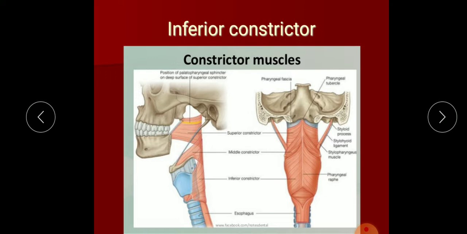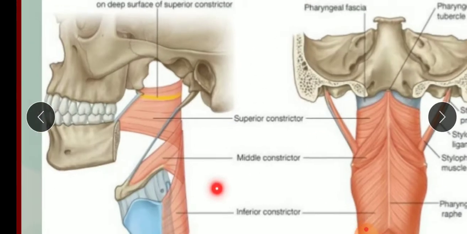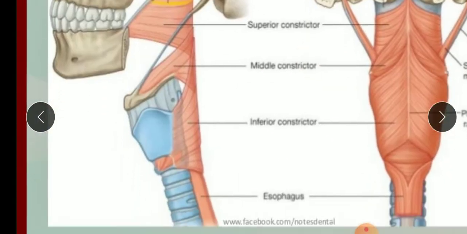Finally, what happens? These two muscles will go sideways and then get inserted into the median fibrous raphe. So look at that figure. In that figure, you are seeing the inferior constrictor. Are you appreciating the inferior constrictor? This is the inferior constrictor. This is the thyroid cartilage. And there you are seeing the oblique line of the thyroid cartilage.